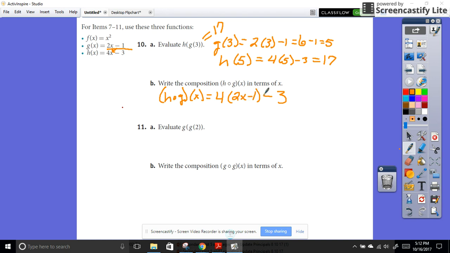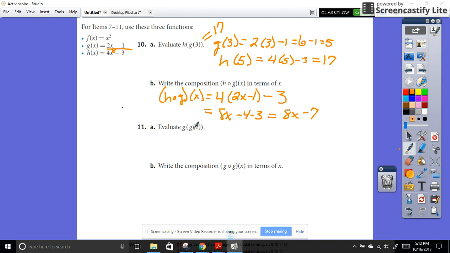So 2x minus 1. Technically, we're done, but if you can simplify, sometimes maybe you should and make the problem a little bit easier. This 4 needs to be distributed. So we get 8x minus 4 minus 3, which again simplifies down to 8x minus 7.